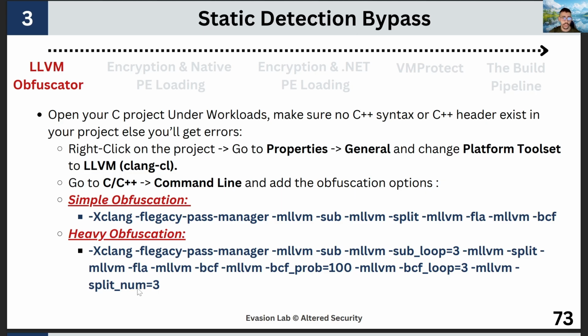And -bcf_prob=100 ensures that 100% of all conditionals are obfuscated with bogus logic. And -bcf_loop=3 repeats bogus control flow insertion 3 times, increasing complexity.